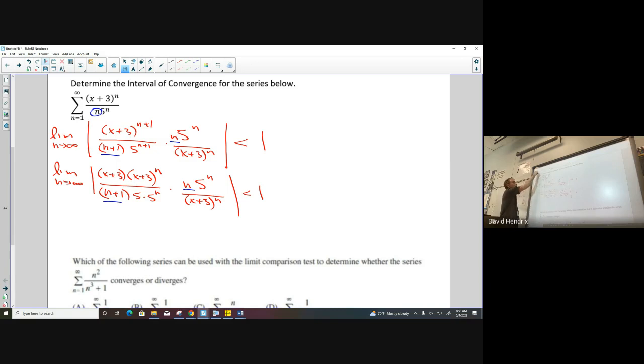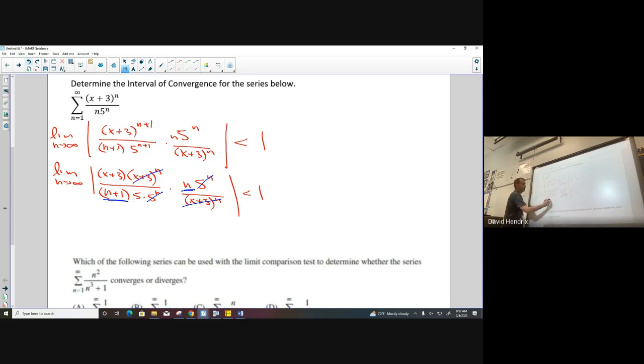So those are all going to go to 1. That's really like applying the limit right there. And then otherwise, we're just going to simplify and reduce out all of these common factors. So really what we have to solve is this expression over here.